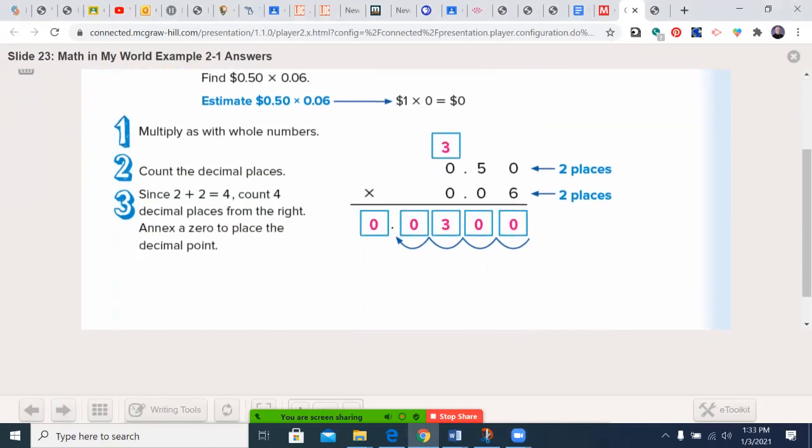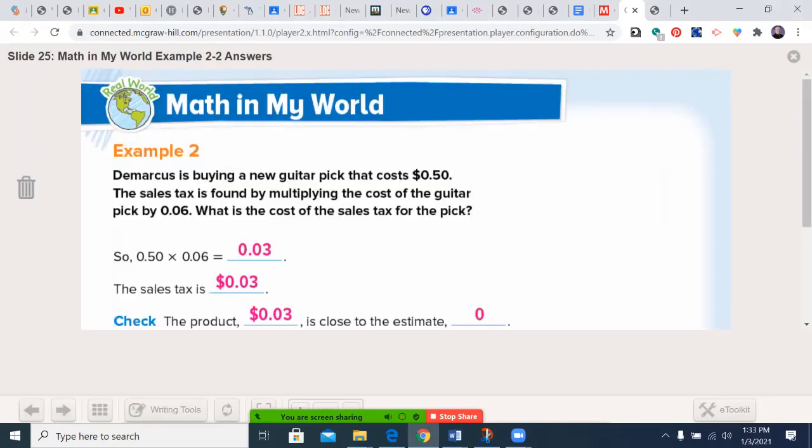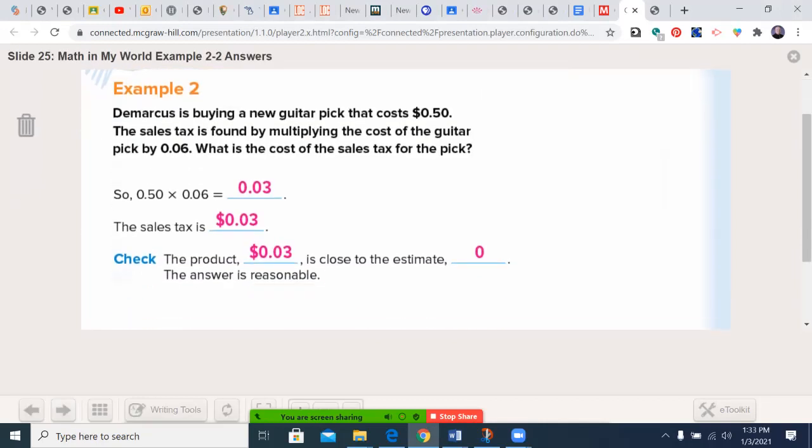See, we did all right. So our sales tax, because it was 0.03, is 3 cents. And that's pretty close to nothing. Unless, of course, you don't have 3 cents. Then it is something. Make sure this is written in. We'll move on to the guided practice and talk math next.